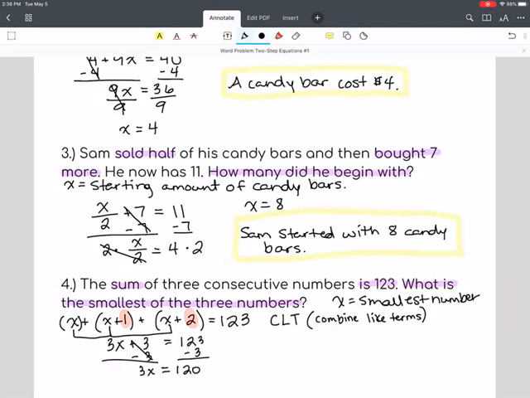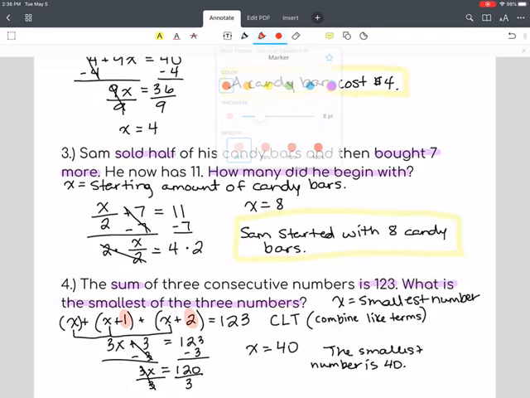And then 3 times x, I would have to do divided by 3 on both sides. 3 divided by 3 leaves you with 1x left equals 40. So my thing I was looking for was the smallest number, which was x. So the smallest number is 40. And that is my final answer.